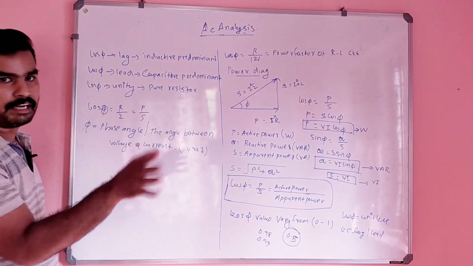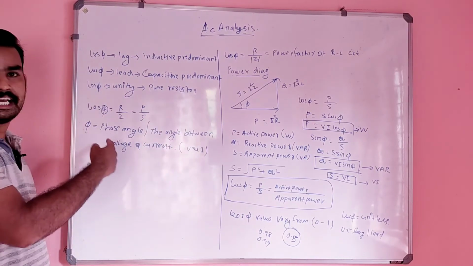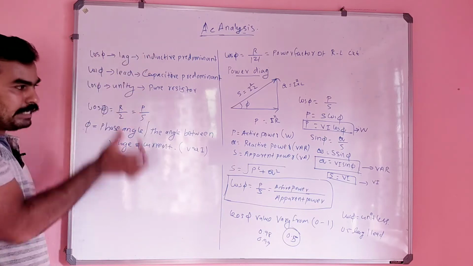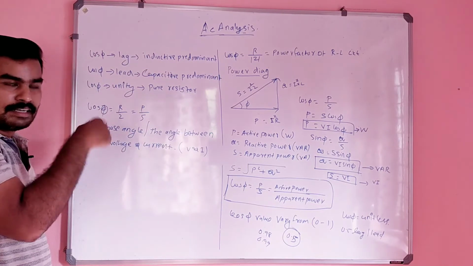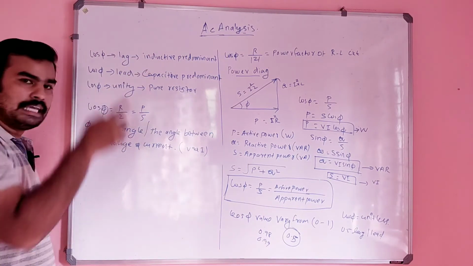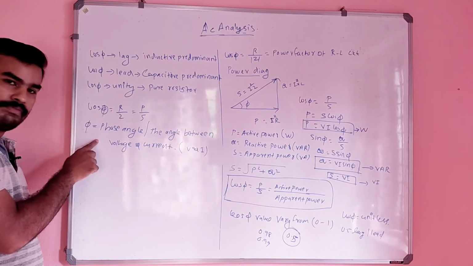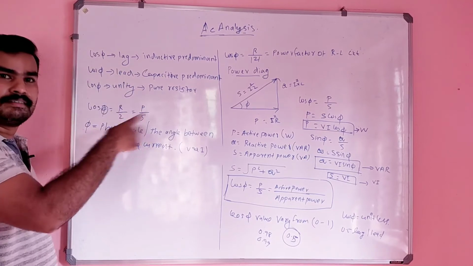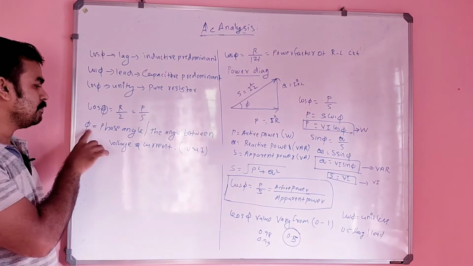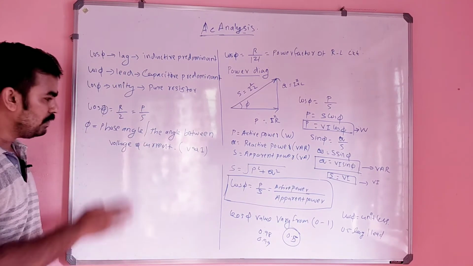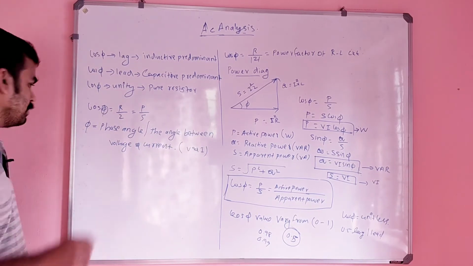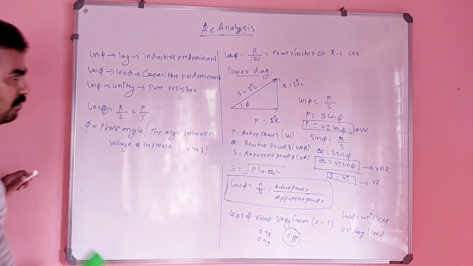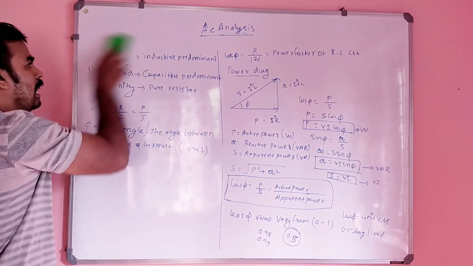In the first phasor diagram you can see the angle between resultant voltage V and I of t is phi. That's all about AC through RL.